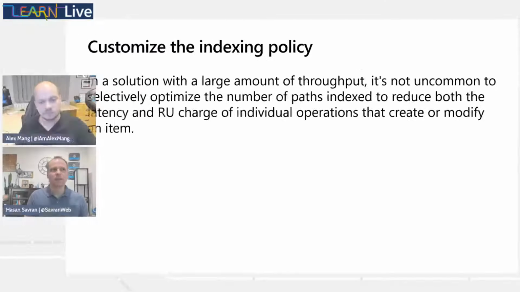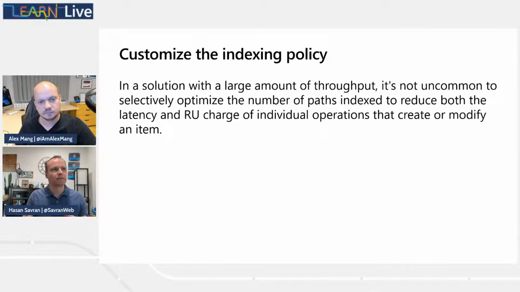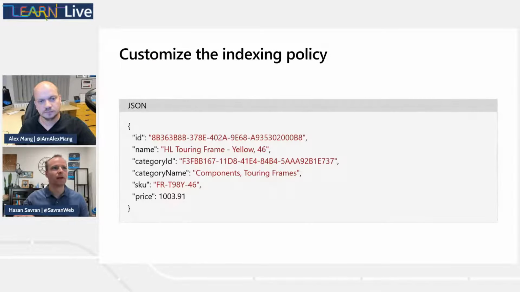So it's always good to have an indexing policy in a JSON file, put it in the solution somewhere, and it will be in your source control, so it will always be there. But you can do that by code easily if you want to. So those are the two ways you can change the indexing policy.